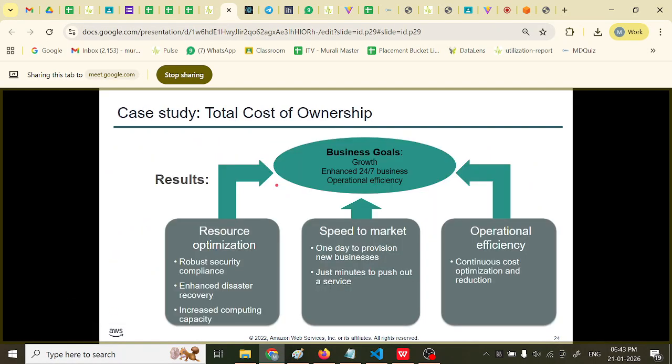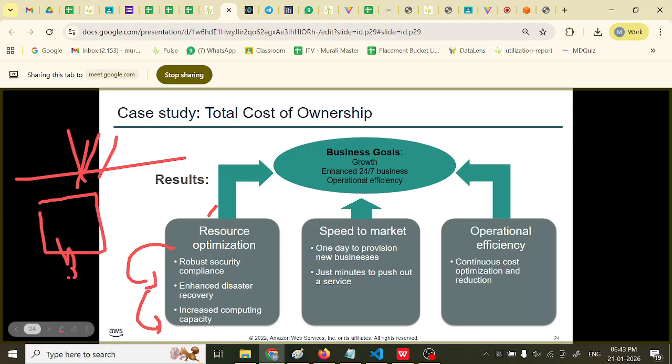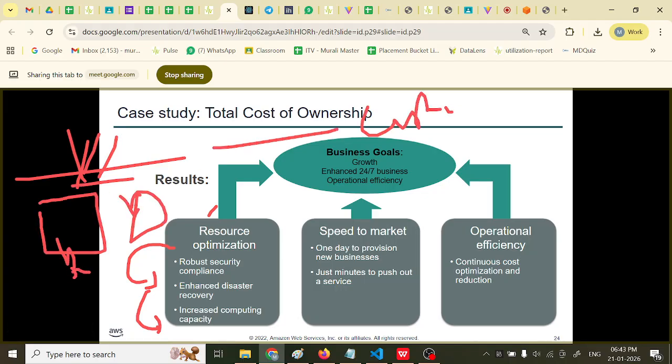What is business growth? For business growth, AWS is giving resource optimization. We can optimize our resources. We can keep a backup also. Increased capacity, that means what? When your workload is more, the server will not go down. We keep on adding one more server. Make sure that your customer is not dissatisfied because of a network or server issue. That is the main thing. That too by optimizing your cost.